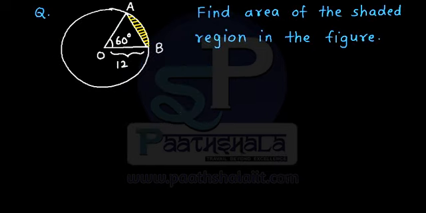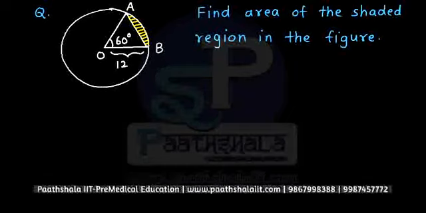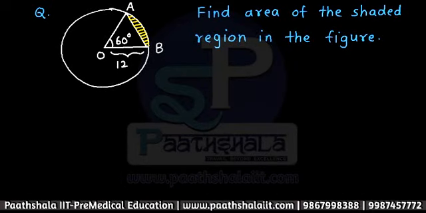Find the area of the shaded region in the figure. So if you observe, here is a circle of radius 12, and there is an arc which subtends an angle of 60 degrees at the center, and when you join the endpoints of the arc, that becomes a chord, and basically that forms the triangle AOB. The area which is shaded in yellow, that area is precisely what we have to calculate.